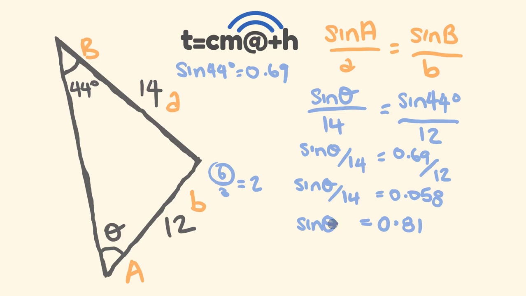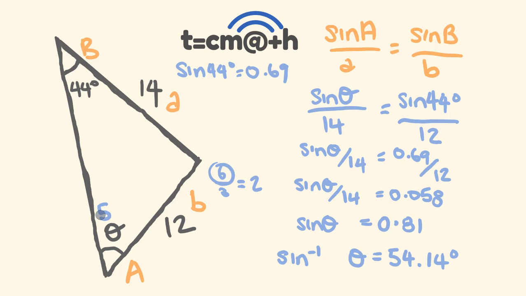So how are we going to work out what theta is now? Well, we're just going to work out sine to the negative 1 of 0.81. So we're going to find out that theta is 54.14 degrees. So this angle here is 54.14 degrees.